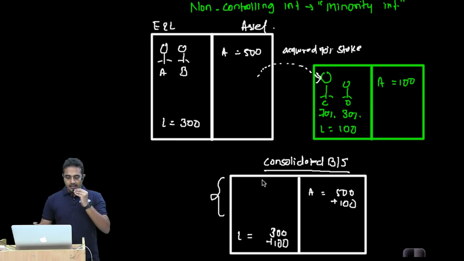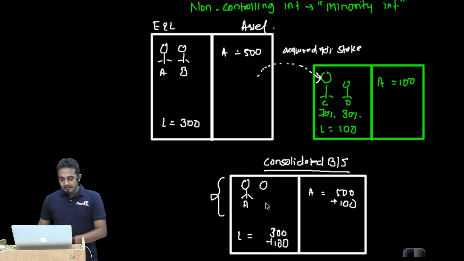Are you following this? So now we will say that there are 3 owners of this entity. Who are the 3 owners? A is still an owner, B is still an owner, and now we also have a small owner who has a very small claim in the combined entity, and he would be D.